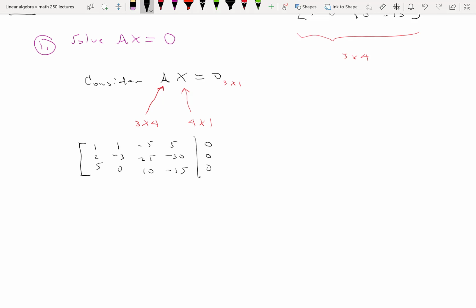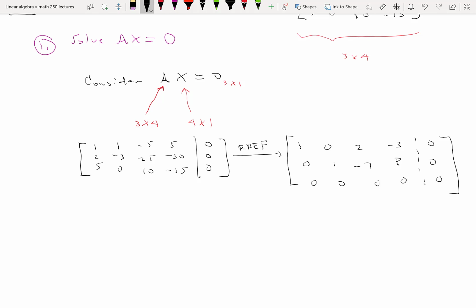So there's the augmented system. If we produce the reduced row echelon form, we end up getting, doing rows now, 1, 0, 2, negative 3 and 0; 0, 1, negative 7, 8 and 0; and finally 0, 0, 0, 0, and 0.